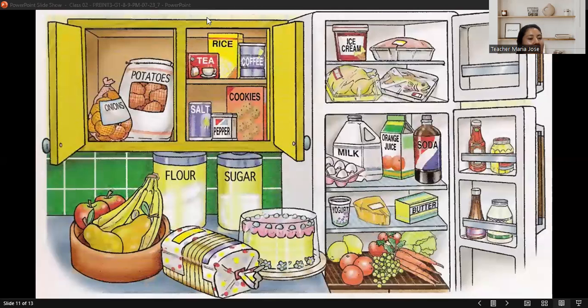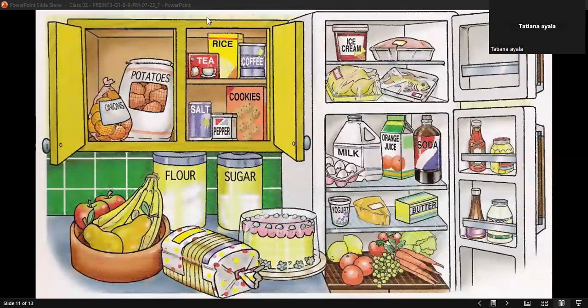Tatiana, ask one question to Abigail. How many butter is there in the fridge? Butter?